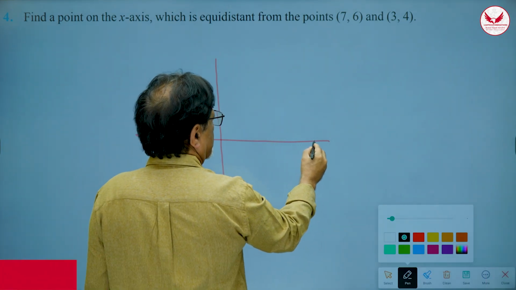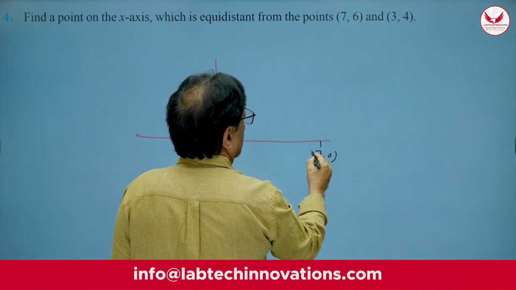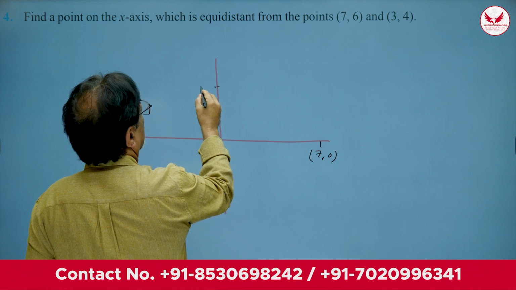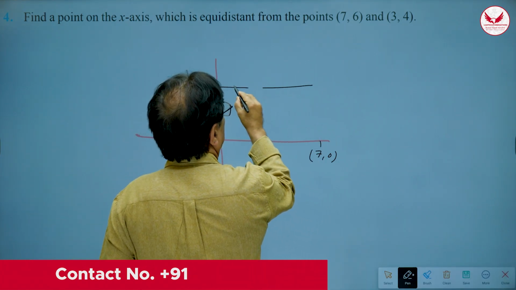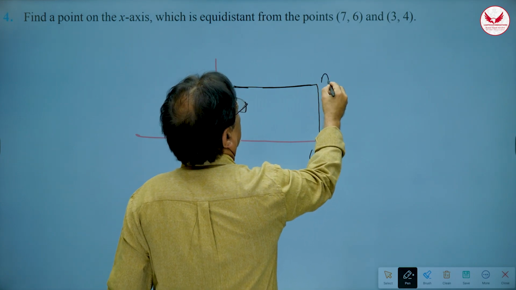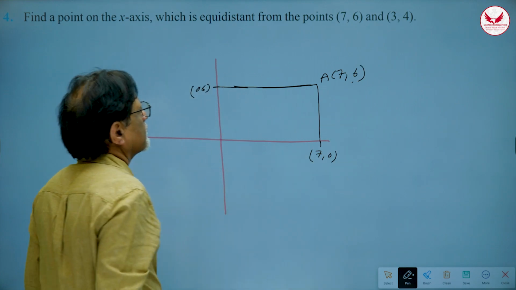So the x coordinate is 7, right? So let us put it here, 7, 0, and the y coordinate is 6. So it's somewhere here, 0, 6. So the point is the intersection of these two lines. So this point is A. That A has coordinates (7, 6).